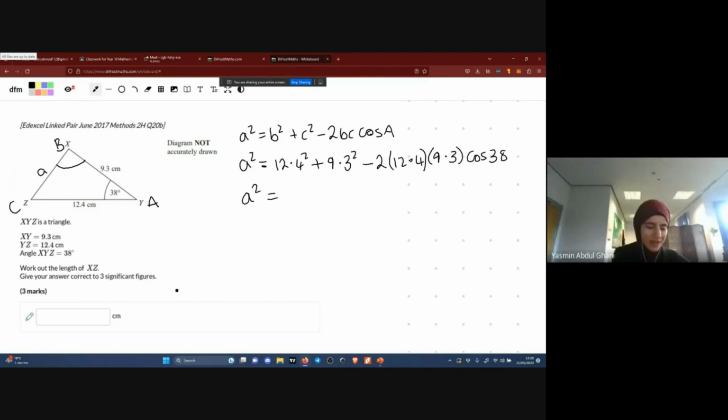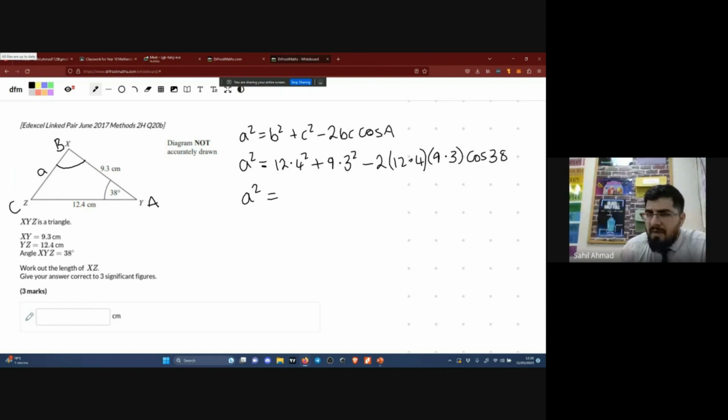A squared is equal to... Just put all of this in your calculator for me, please, and tell me one number. What's the final answer?